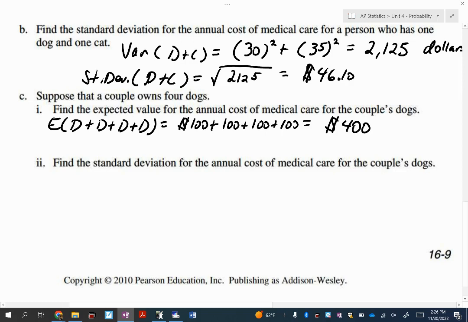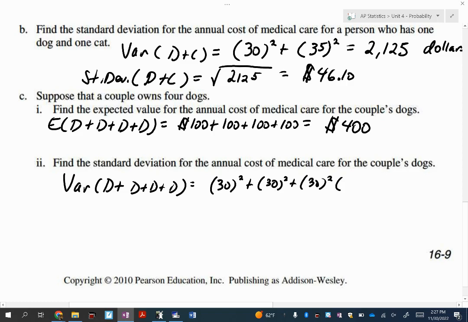But here's where they get it wrong. The next one says, what's the standard deviation? What should we do? Add the variances, right? That's all we're going to do. The variance is add. So I'm going to find the variance of dog plus dog plus dog plus dog, which is going to be 30 squared plus 30 squared plus 30 squared plus 30 squared.